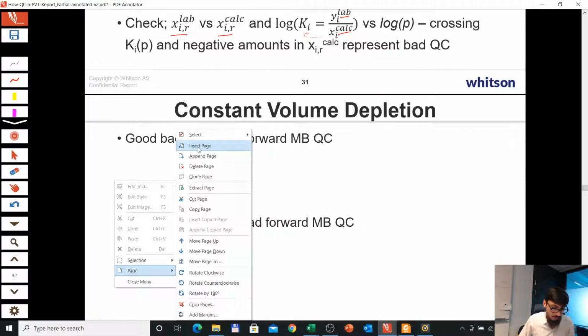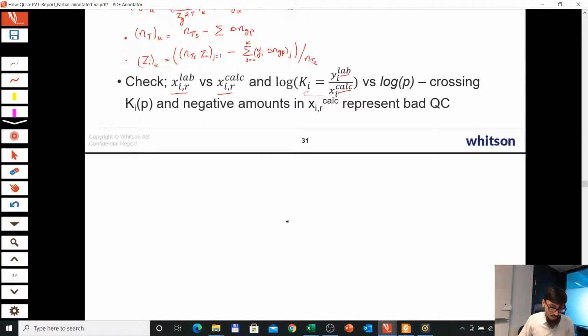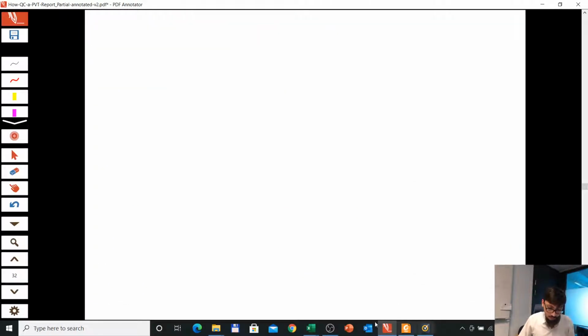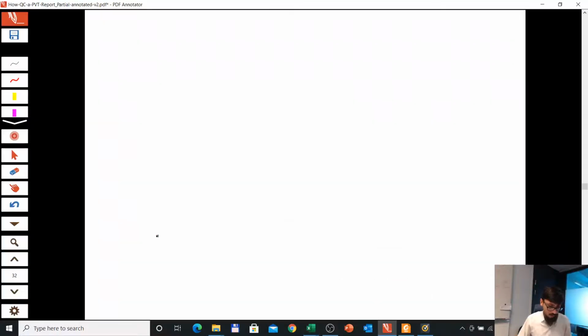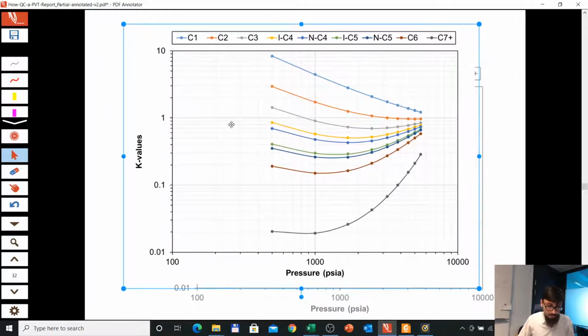Page, insert page. Okay, and then let's see if we can copy this. Yes. Whoa, very nice.